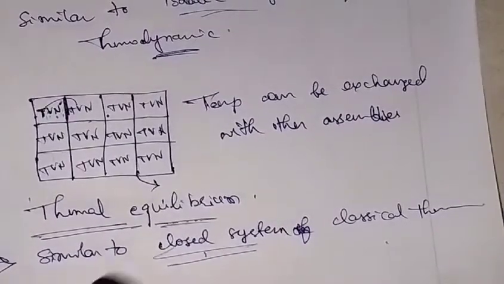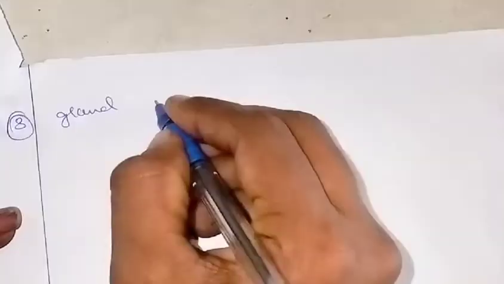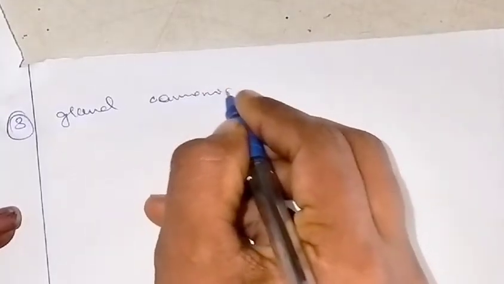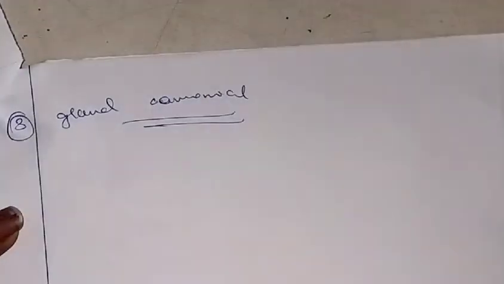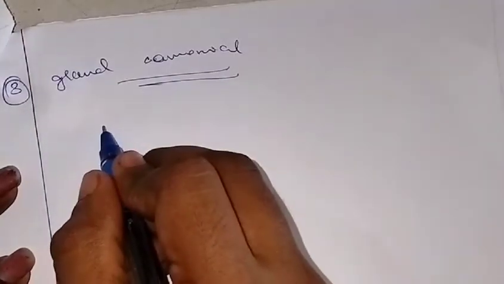Okay, now we will see the third one. Third one is what? Grand canonical, right? Grand canonical ensemble. Let me first write the representation.